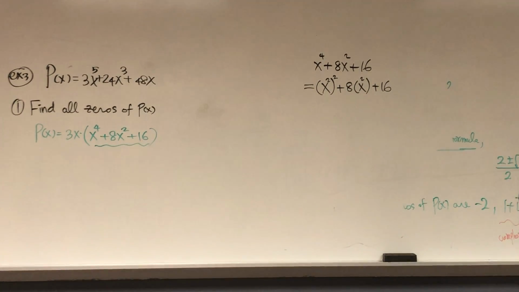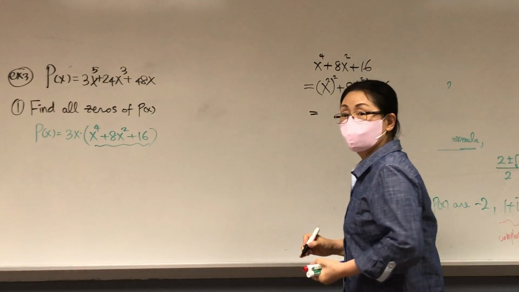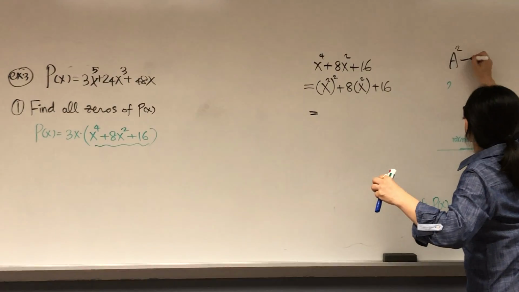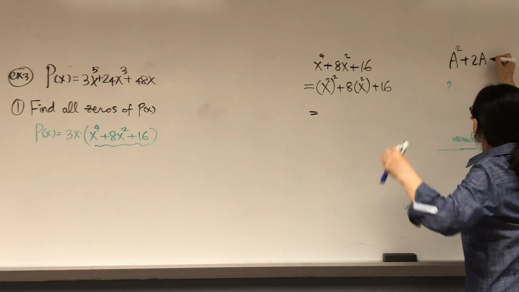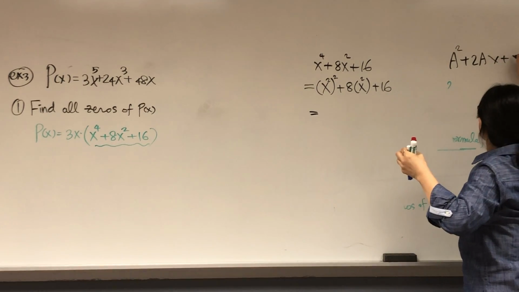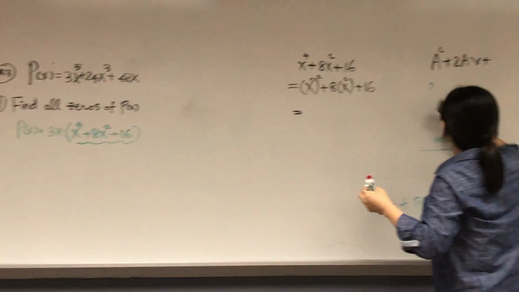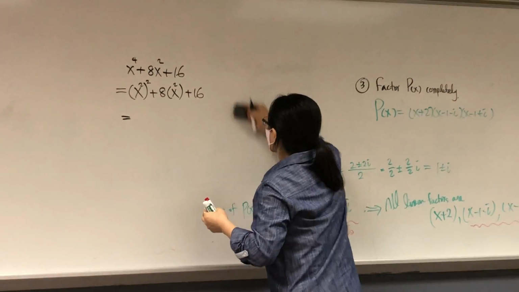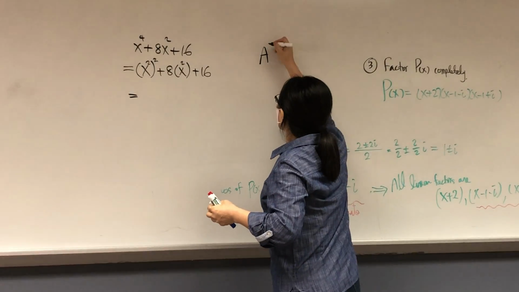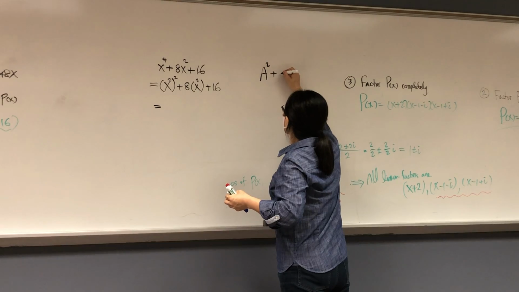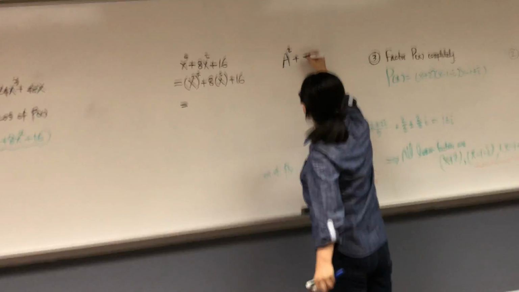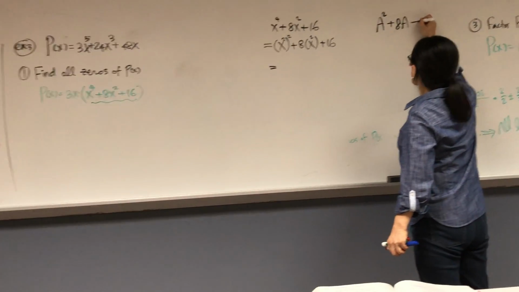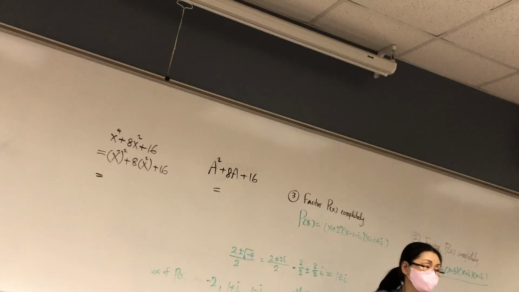This is a quadratic. Is it the completing the square form or the general form? That's the general form. How can you write this down? Completing the square.